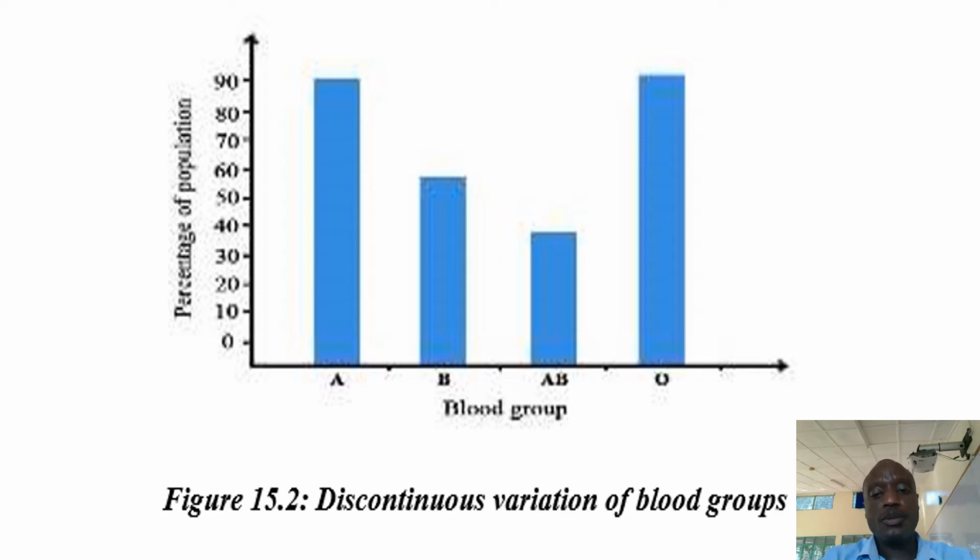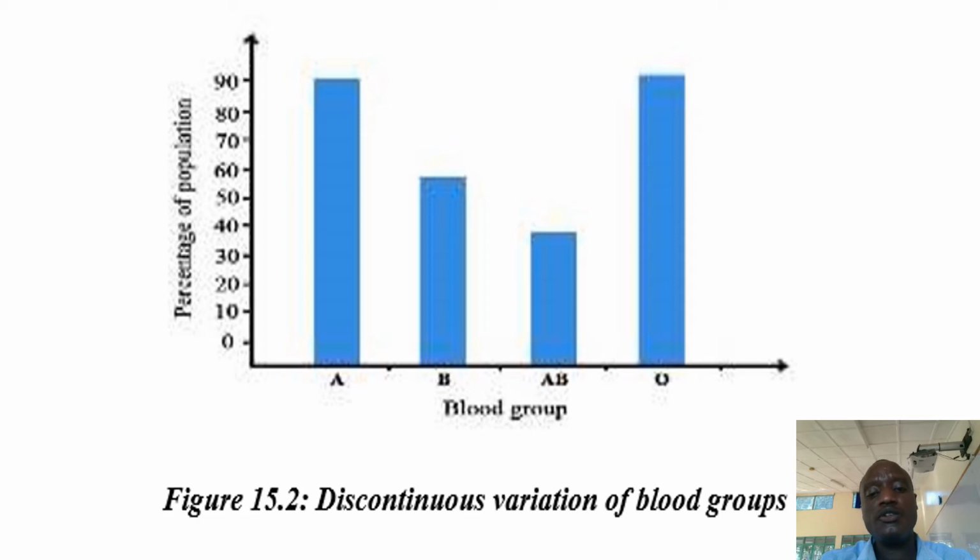So, in brief, in discontinuous variation there is a clear-cut difference, unlike continuous variation where there is no clear-cut difference. Another major difference is that in discontinuous variation there are no intermediate forms, but for continuous variation, so many intermediate forms exist within the population.